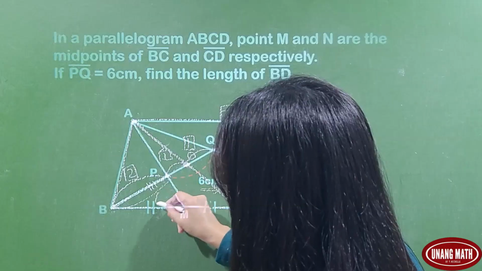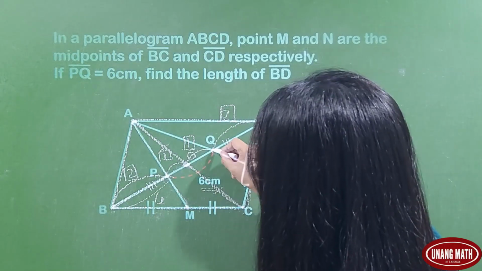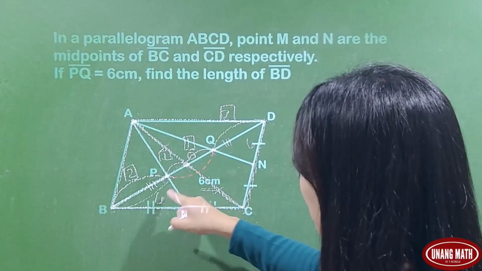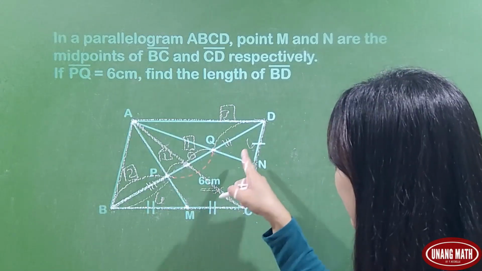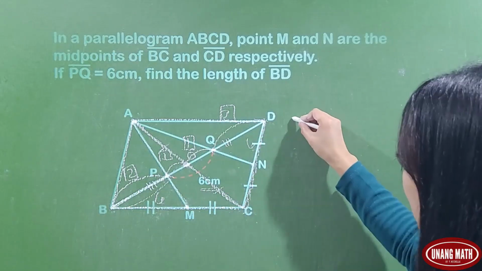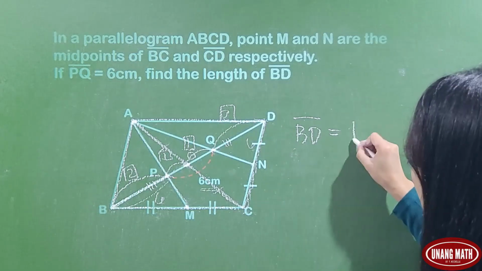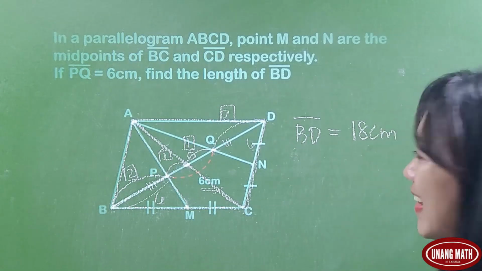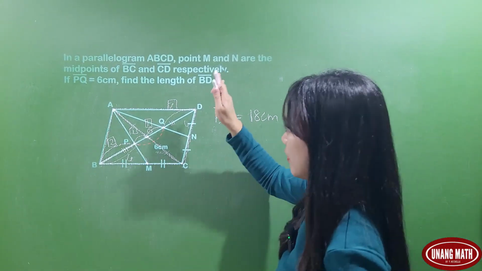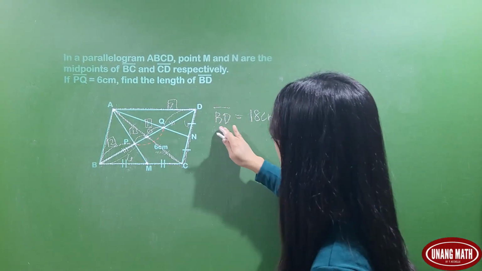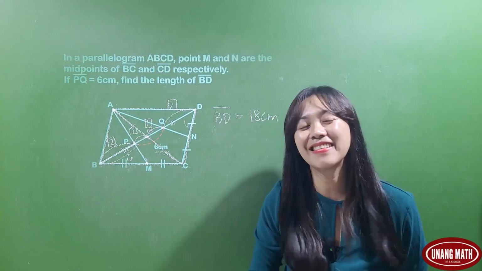So this is 6 centimeters, 6 centimeters, 6 centimeters. So 6 plus 6 plus 6. That means segment BD is now equal to 18 centimeters. So for this question, the length of segment BD is 18 centimeters.